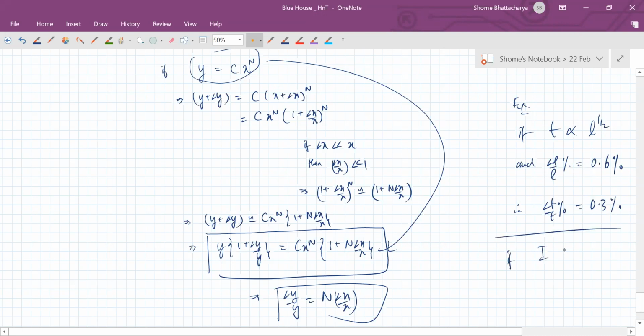If moment of inertia is proportional to length to the power 2, and delta L by L percentage is 0.6%, then the percentage change or fractional change in moment of inertia will become twice of this. So it will become 1.2%.